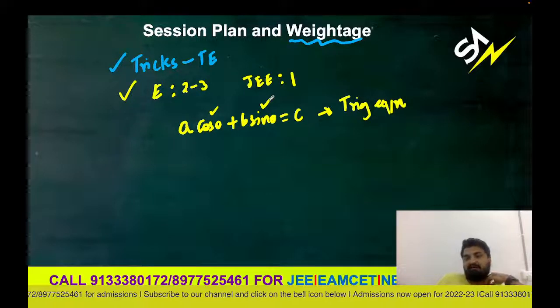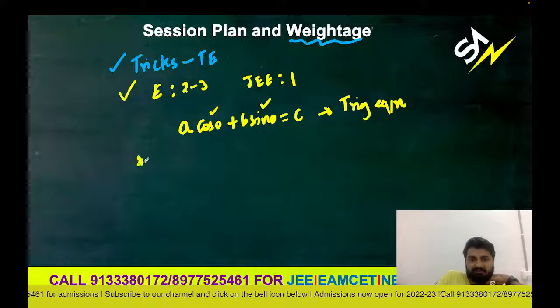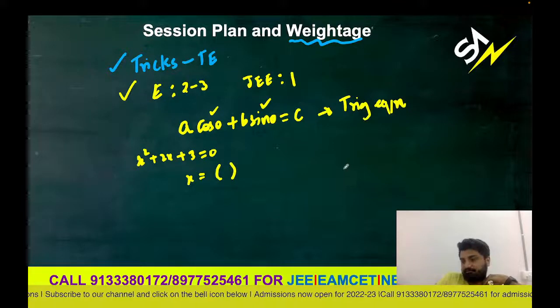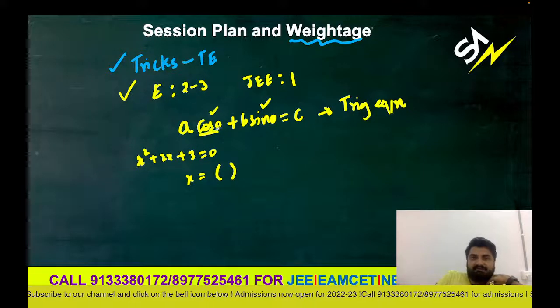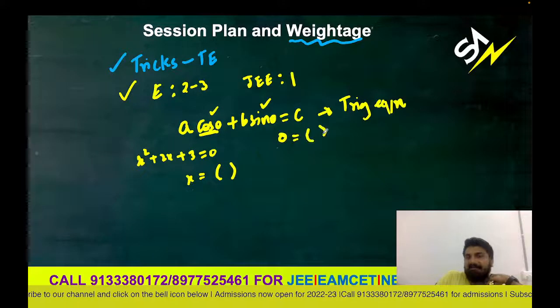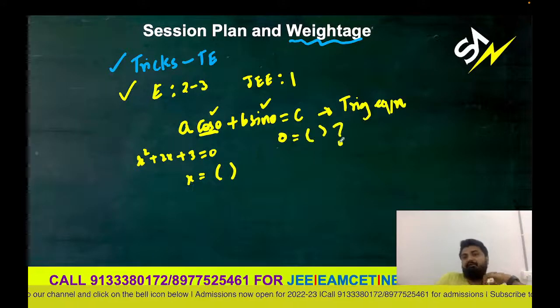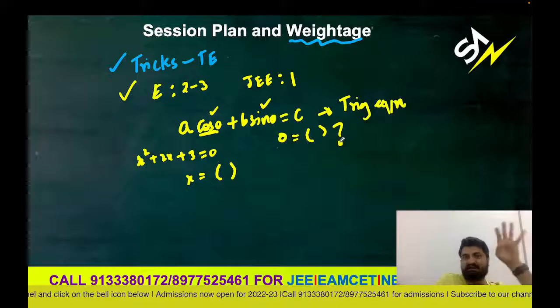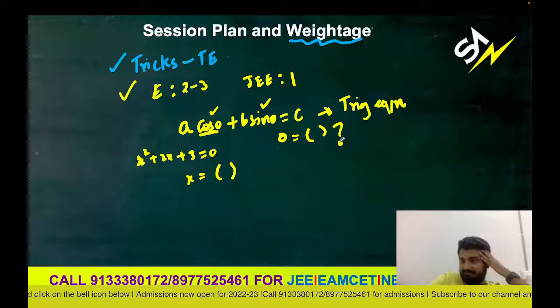Basically, in a quadratic equation, suppose you have x square plus 2x plus 3 equal to 0, we want to find the value of x. Whereas in a trigonometric equation, we want the value of the angle, the theta value.